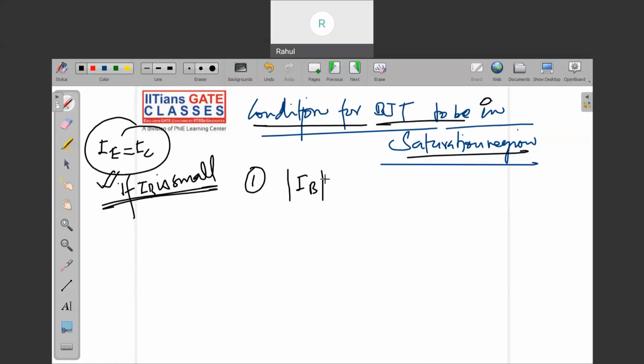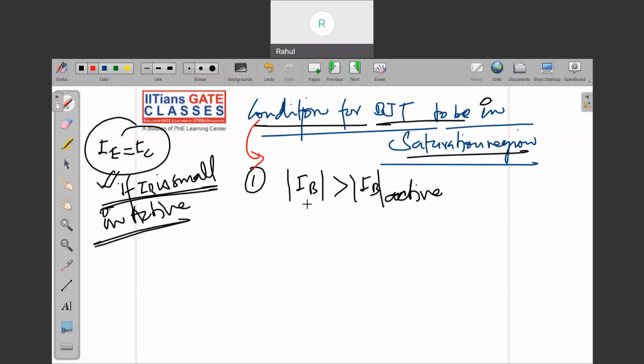In the active region, remember, we want IB to be pretty small. But if IB is greater than IB active, this will be the saturation IB. Keep this in mind.